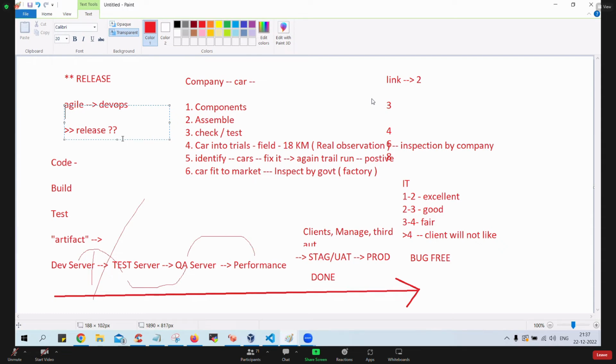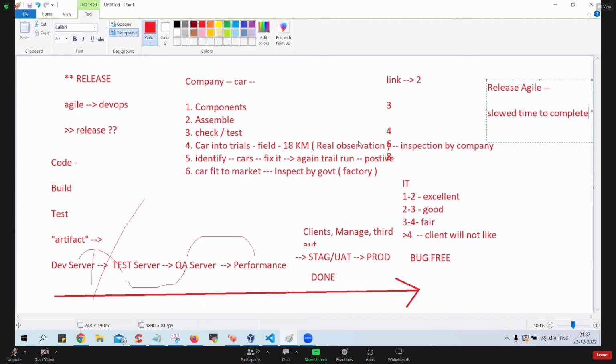Now, a very, very interesting point is, the release that has been introduced in agile definitely slowed down the time to complete. Do you agree? This is what happened in the initial days of agile.